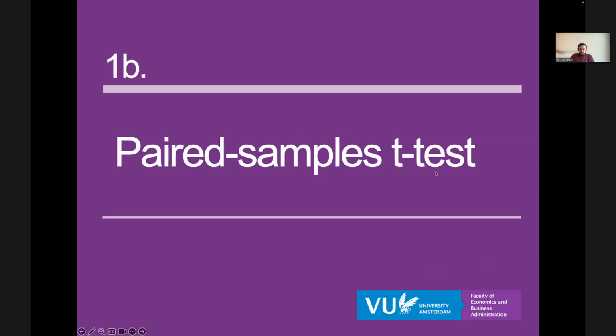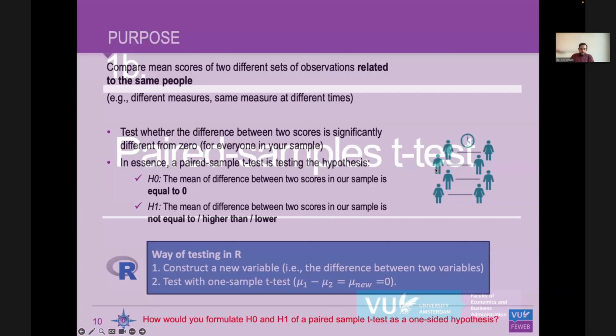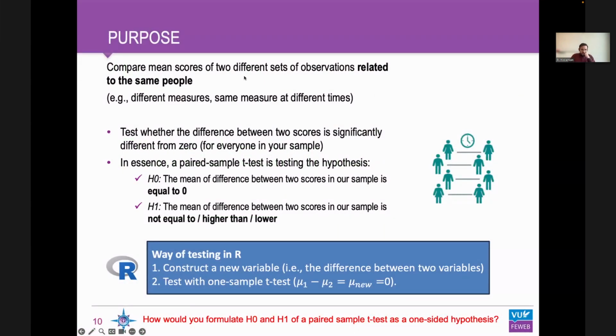So the paired sample t-test. In this case, we want to compare two means, okay? Previously, we had one value that we know from theory or from this depression index, and we had just one mean from our sample.